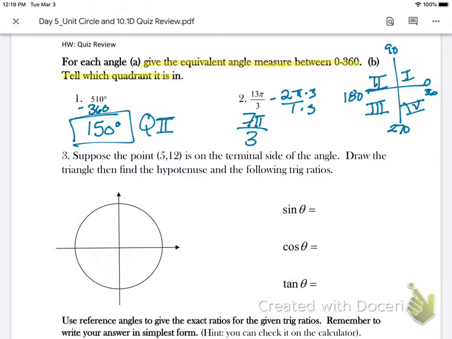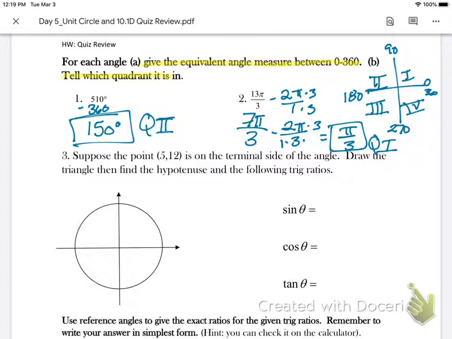Which is still more than 2 pi, because that's one full time around, so you'd have to subtract 2 pi again. So then you have 7 pi minus 6 pi is just pi over 3. Now pi over 3, if you look at your unit circle, is in quadrant 1.